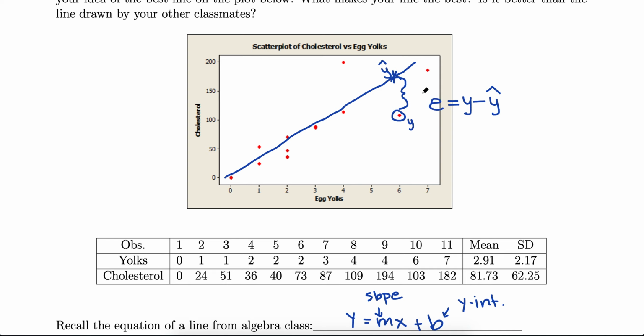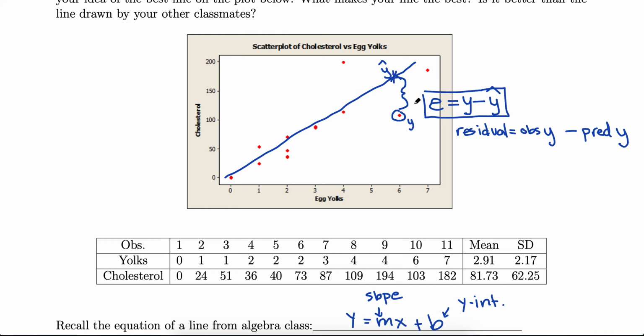So here's our mathy version of that formula, and I'm going to put this in plain English too. Our residual is that error in prediction: the observed y minus the predicted y. Ideally, we want these errors to be as small as possible anywhere we go on this line.